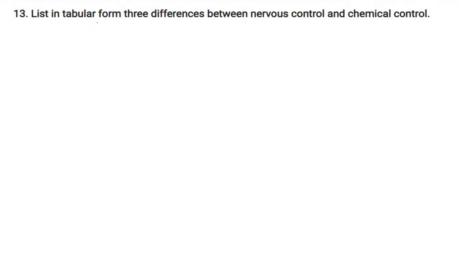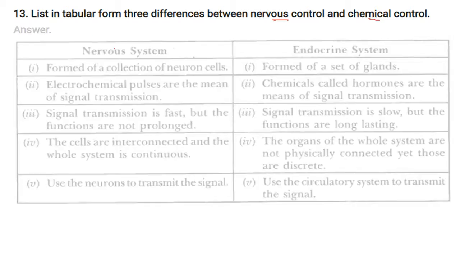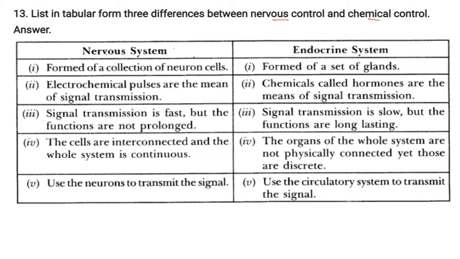List in tabular form three differences between nervous control and chemical control. Nervous control and chemical control, which is the endocrine system. The nervous system is formed of neuron cells.